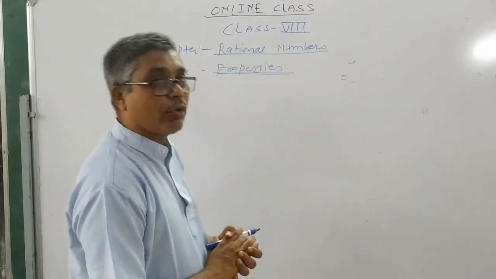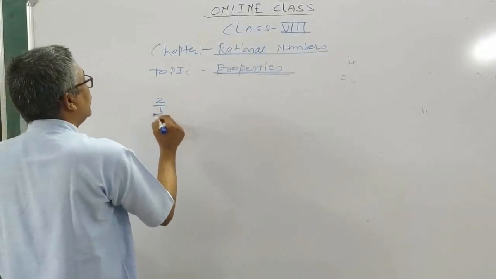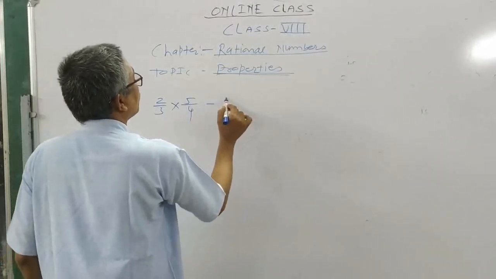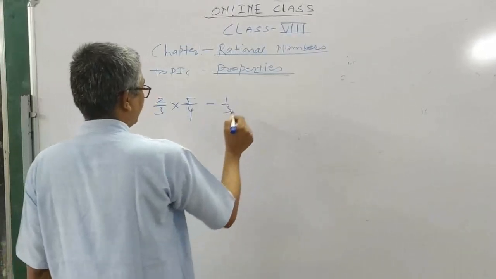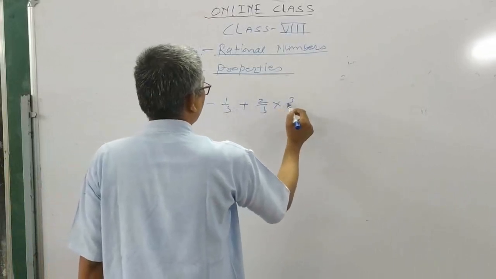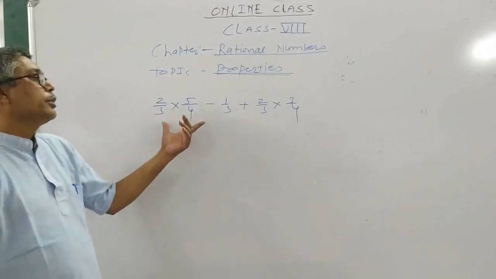So let us take one example. Suppose 2 by 3 into 5 by 4 minus 1 by 3 plus 2 by 3 into 3 by 4. We have to solve this example.